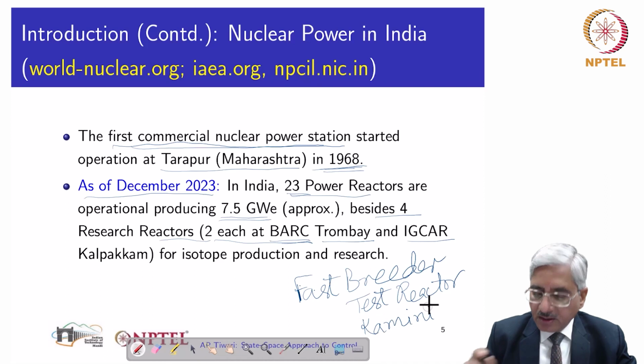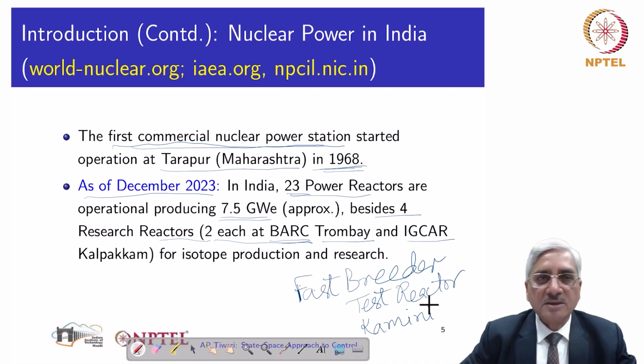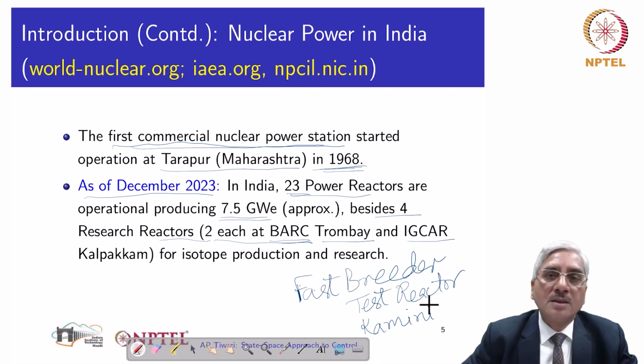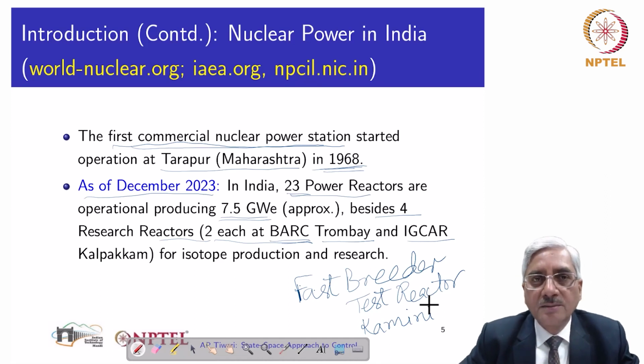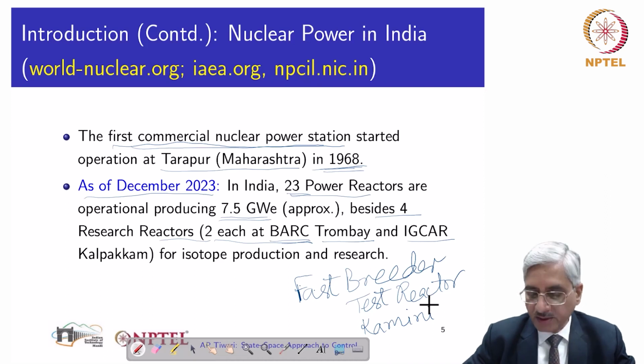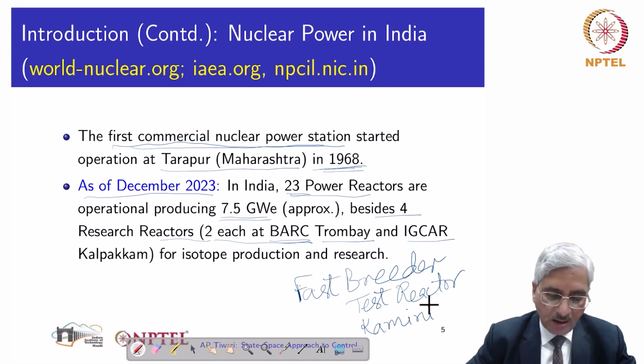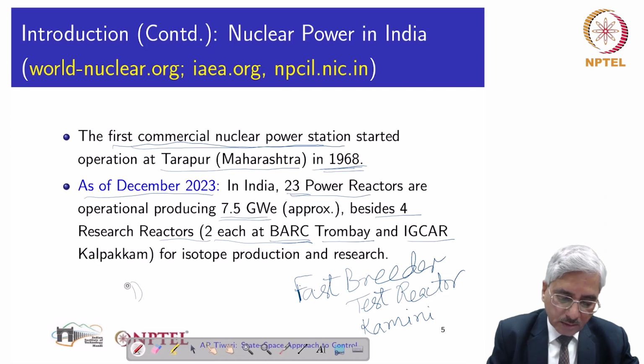So Kamini is a very small reactor rated maximum of 30 kilowatts. Fast breeder test reactor is rated 20 megawatt. Both these reactors are operational at Kalpakkam. And at Trombay, as I told, one is Dhruva and one is Apsara U.